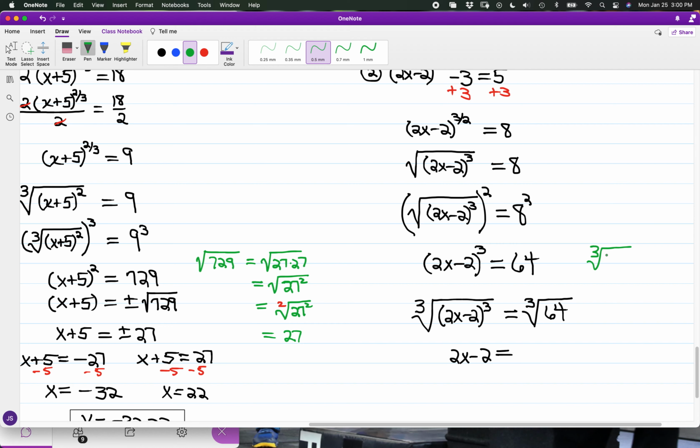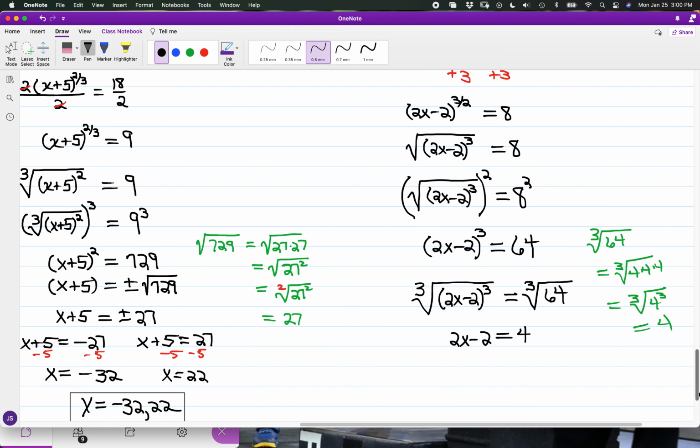Now 64 is 4 times 4 times 4, or the cubic root of 4 to the third power. The cubic root and the cube cancel each other, so the cubic root of 64 goes to 4.